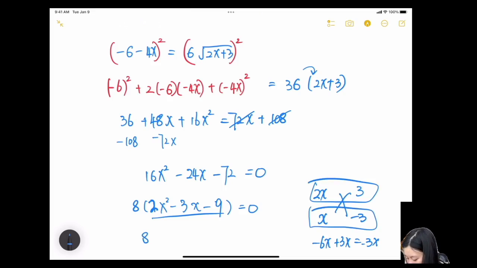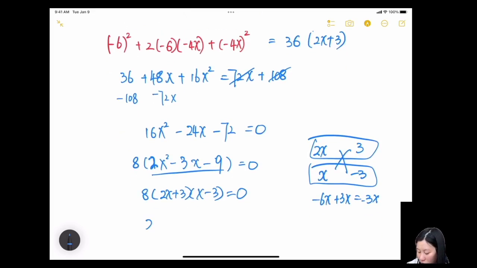So I have 2x plus 3 times x minus 3 equals to 0. So x is either 2x plus 3 equals to 0 or x minus 3 equals to 0. So x equals to negative 3/2 or x equals to 3.